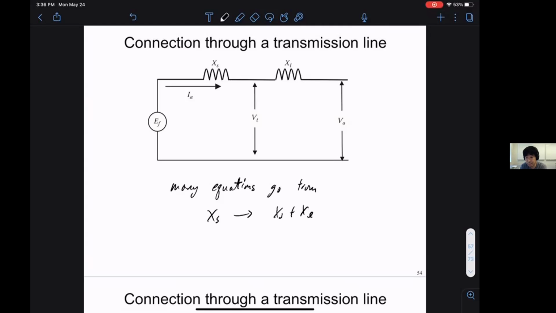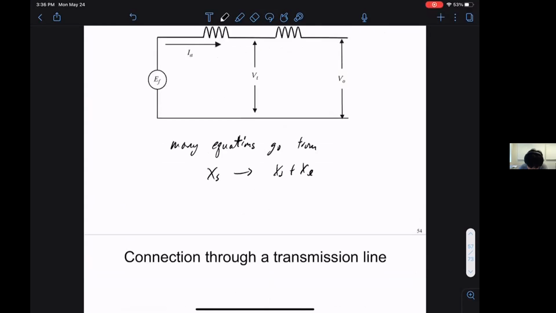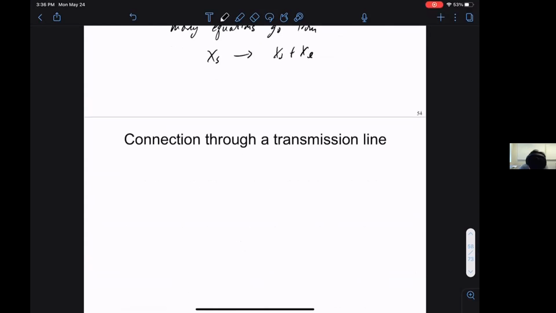It just seems to have a bigger reactance. From the grid perspective, it's the same generator, except the synchronous reactance got larger. And when you connect to a transmission line, what happens to P max? Does it increase or decrease?